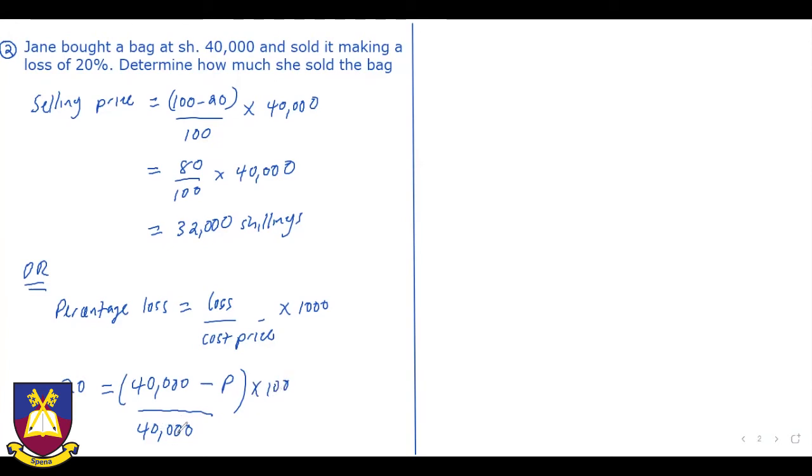So we can see that these two zeros will reduce. So we have 20 is equal to 40,000 minus P out of 400, which is reduced to this 100, and we can now cross multiply. This is over 1.